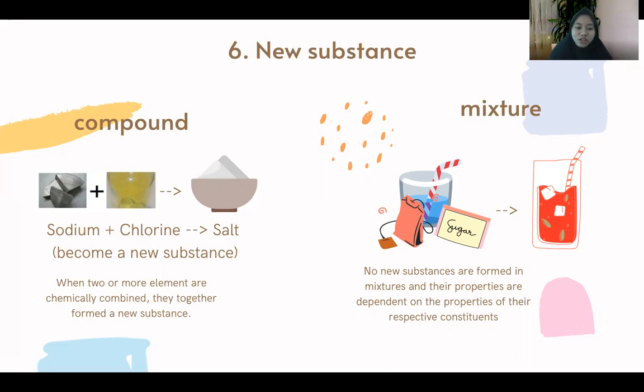It makes a new substance, but in the mixture, no new substance is formed. We have a glass of tea, and it still has sugar, it still has tea, and it still has water. They do not make a new substance.